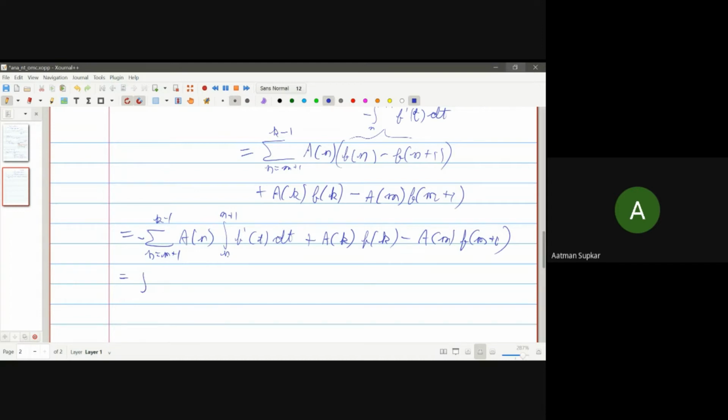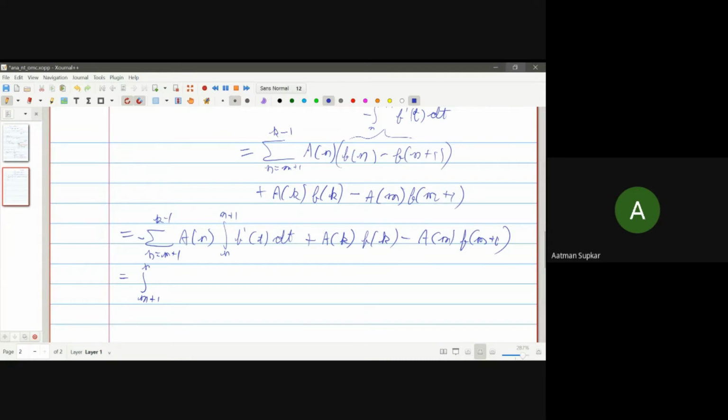Integration, where does this go from? The smallest n is n plus 1. You start with n here. So m plus 1, the largest thing it goes to is k minus 1, so the largest n plus 1 is the largest point.